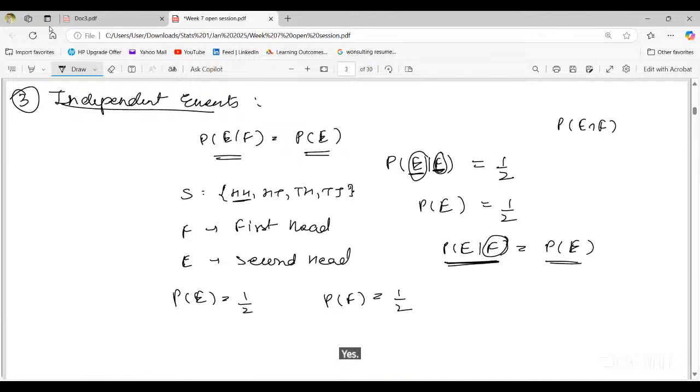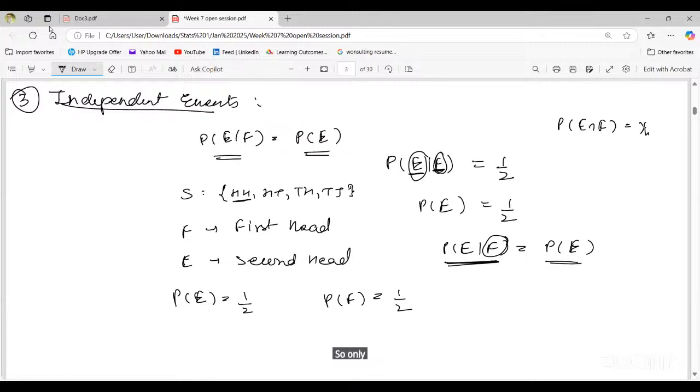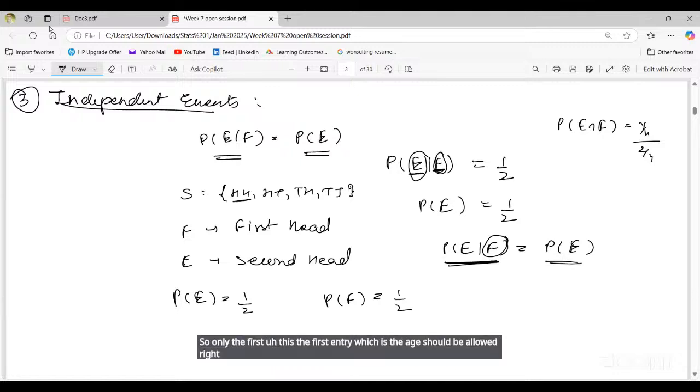Given that F has already occurred, F must have been an H. So given that the second term is H, the first term should be H only. So only the first entry, which is HH, should be allowed, right?